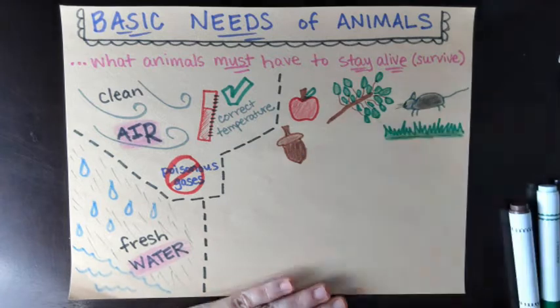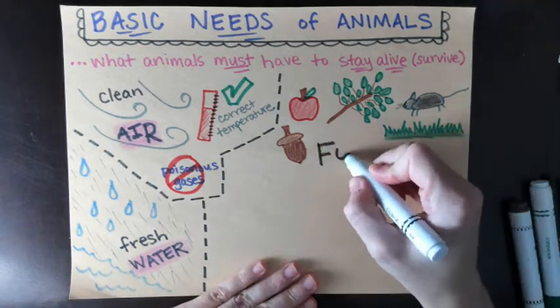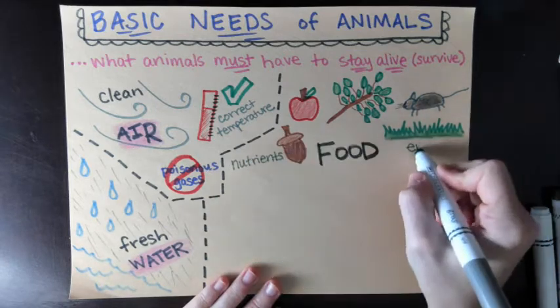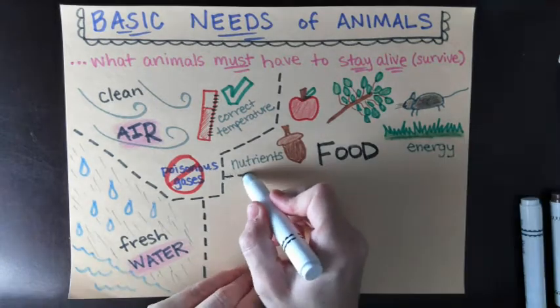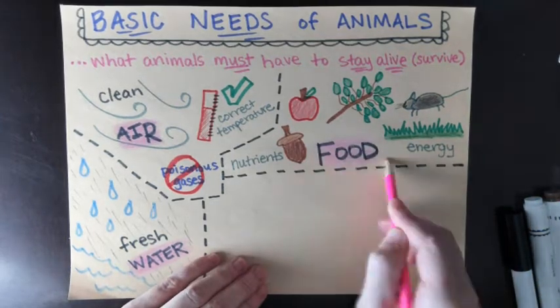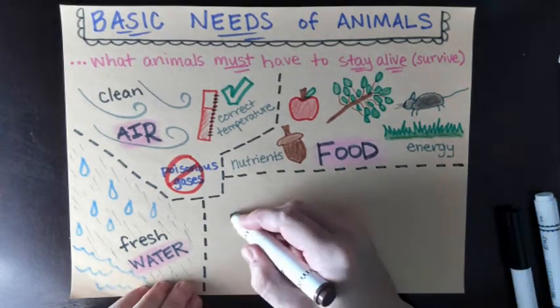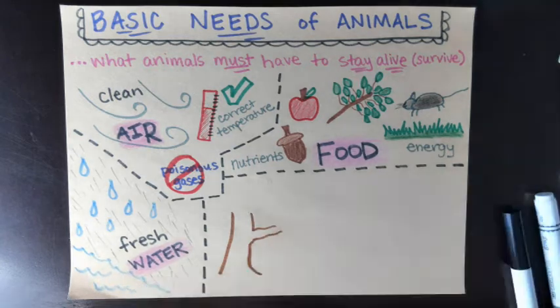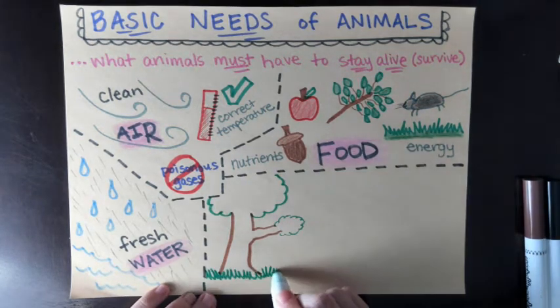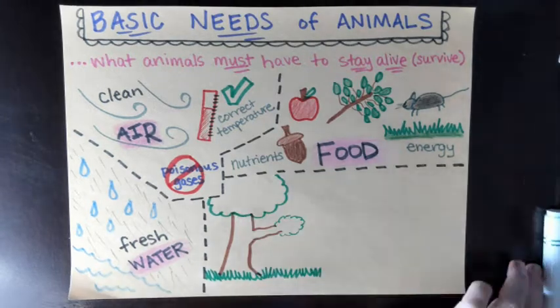So we as humans, we eat meat and plants, even though some people can make a different decision for their own eating habits. But we need food in order to have energy to do things, and we need food to gain all of those nutrients to have a healthy body.